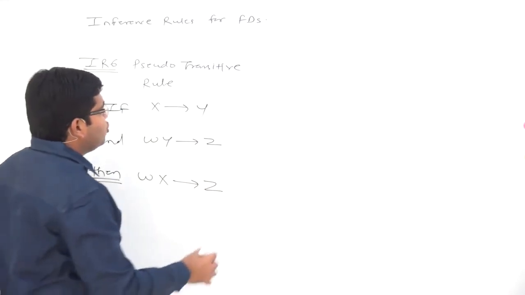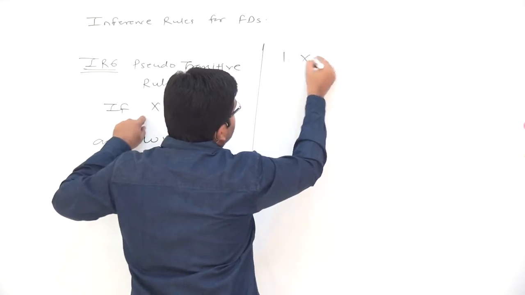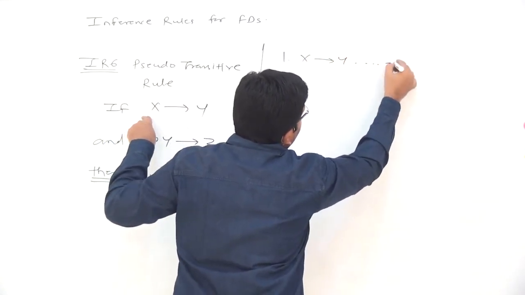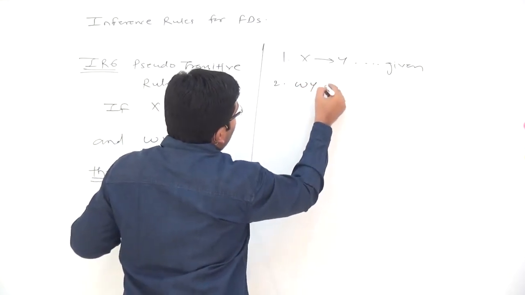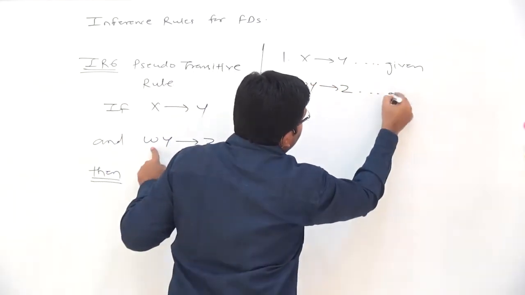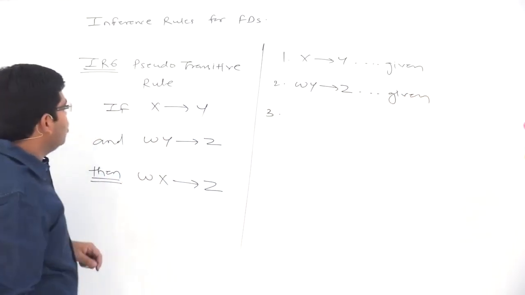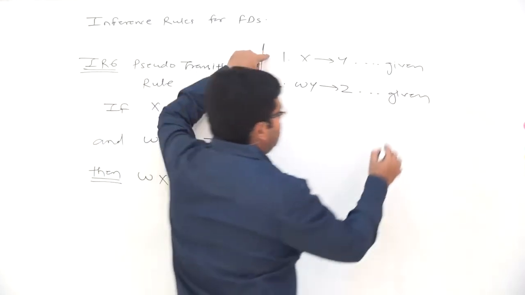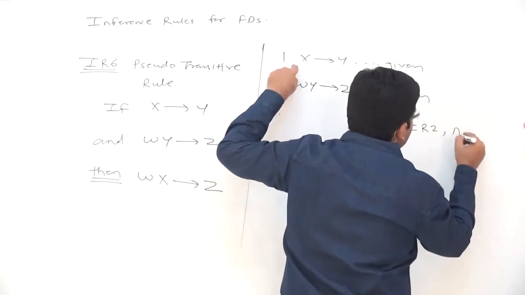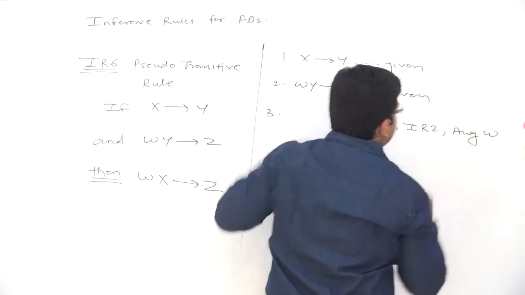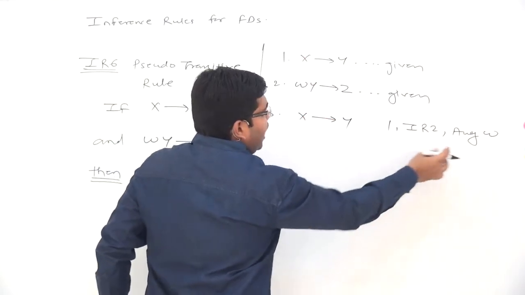And what will be the proof here? We will write down the given statements. So first statement is x gives y, that is given. Second statement is wy gives z, again this is given. Now third thing, we will take statement 1, we will apply the augmentation rule IR2 and we will do the augmentation with w. So let's take this statement x gives y and do augmentation with w.